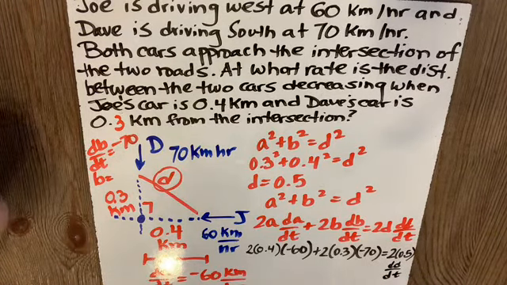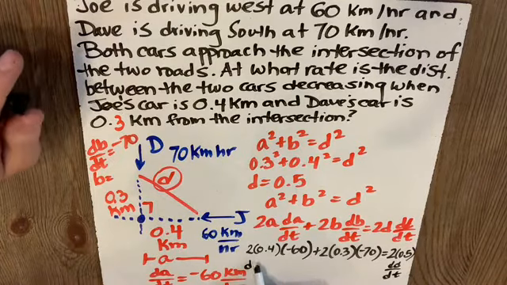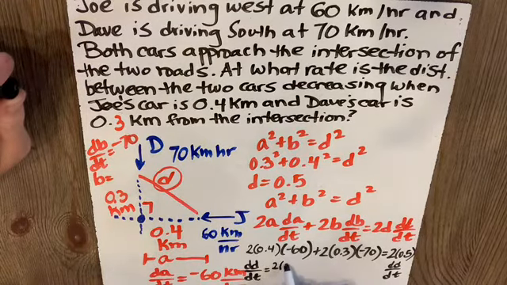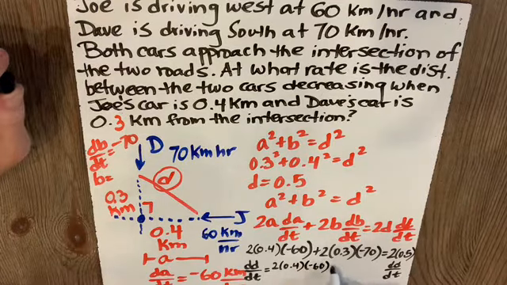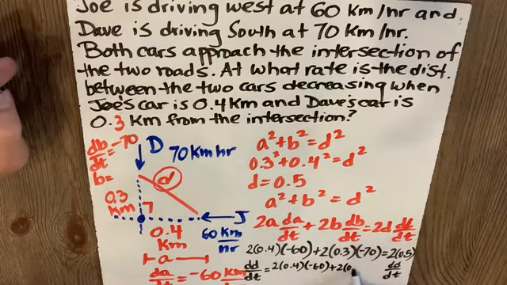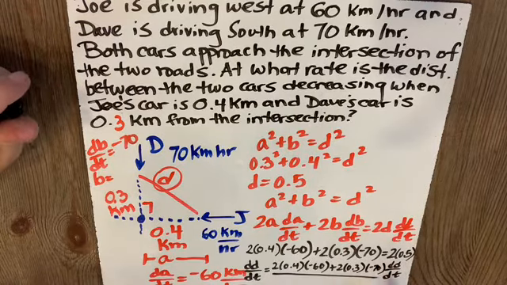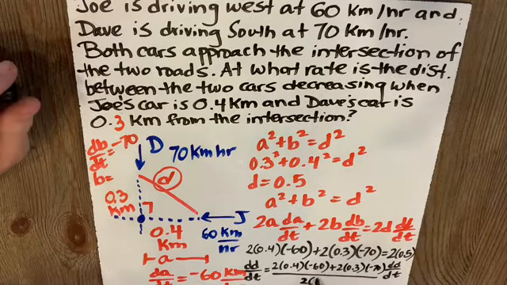So when I turn this all around, I can say dD/dt is equal to 2 times 0.4 times negative 60 plus 2 times 0.3 times negative 70, all divided by 2 times 0.5.